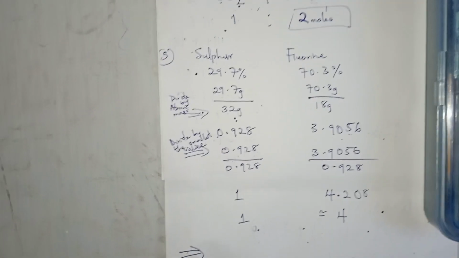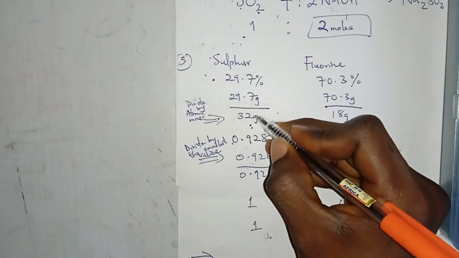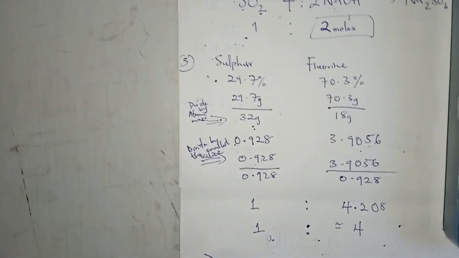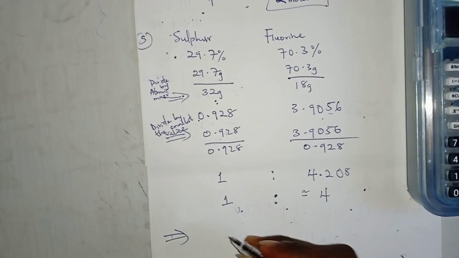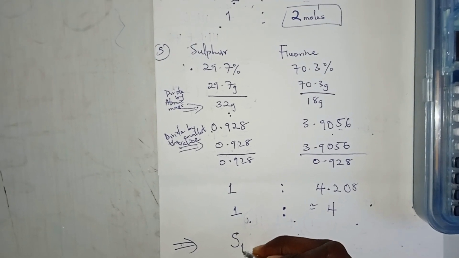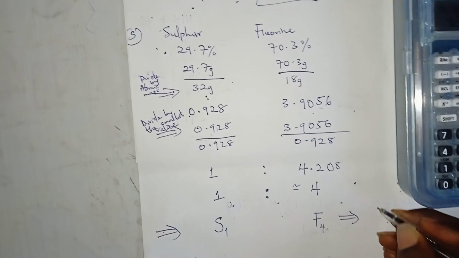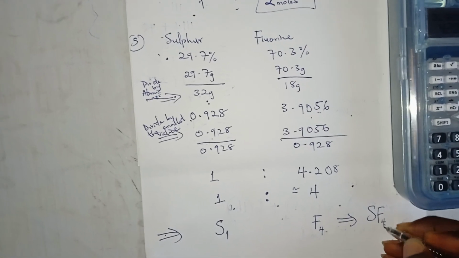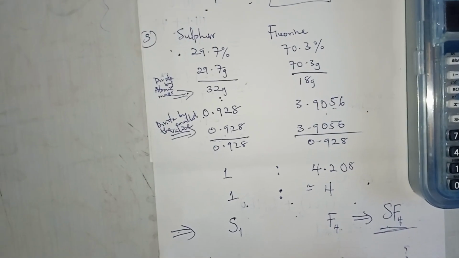Once you divide by the smallest value, what you have now is a ratio, because the gram and the gram have left. So you divide so that you get a ratio that will give you 1. Now the empirical formula will be S1 and F4. When you put it together, this is SF4. So this is your answer.